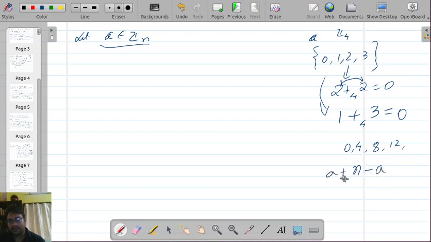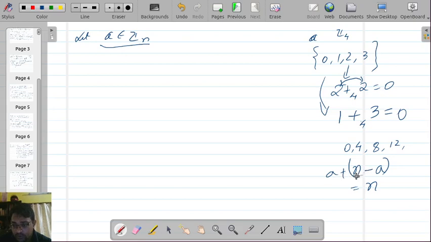If we add a with n minus a, the result that we get is always n. So we can easily find the inverse of any element a inside Zn. But there is a problem.